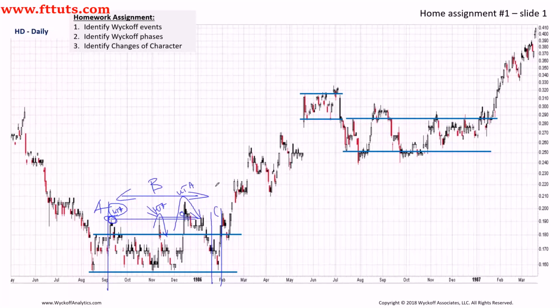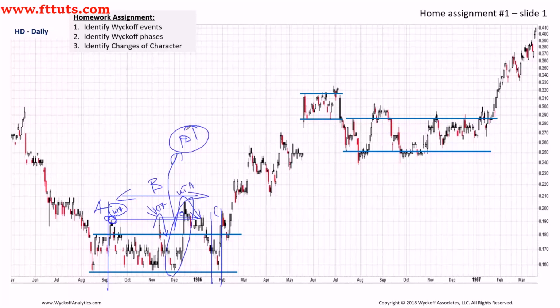There is only one extra definition here that I want you to know. This rally right here looks like a rally in phase D. And some of you who are more advanced are probably thinking, okay, well, why is he not talking about this? Why is this not a sign of strength rally?